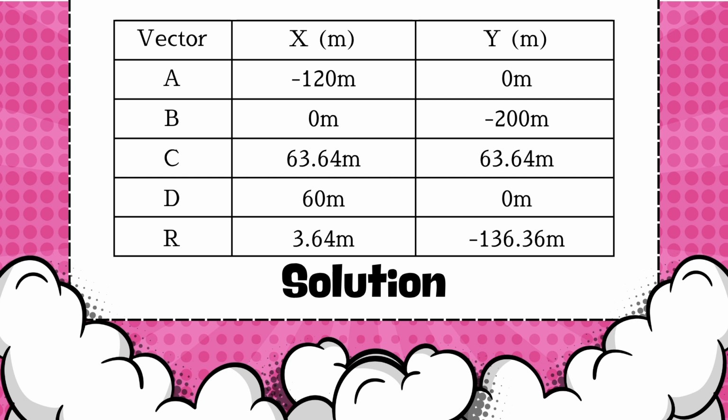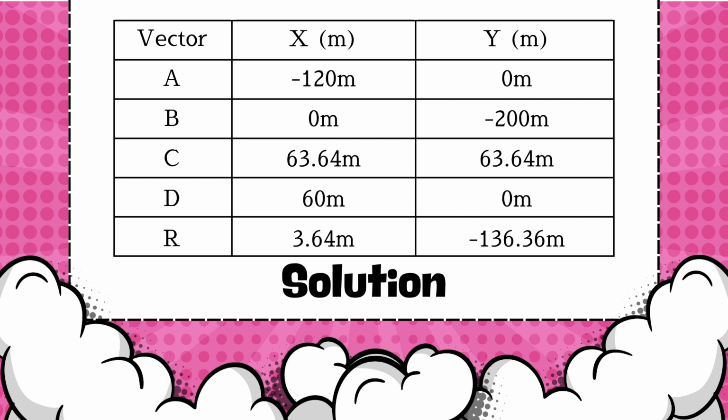Now we will add the x components. Minus 120 plus 0 plus 63.64 plus 60 equals plus 3.64 meters. So the net eastward component is 3.64 meters.